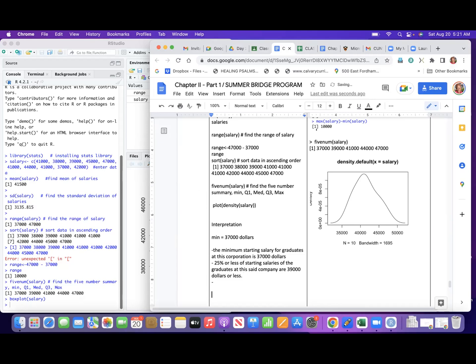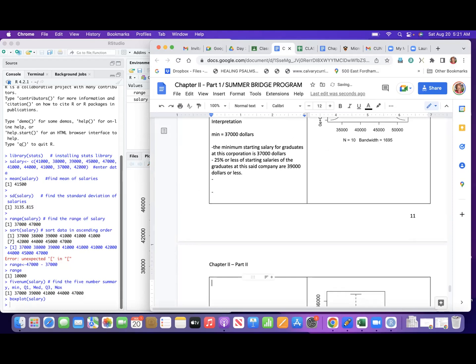So for the next, let's say 10, 15 minutes, you guys are going to interpret your Q2, the median. Interpret as well the Q3, yes. And you're going to interpret as well the standard deviation. No, the maximum. And give it a shot.